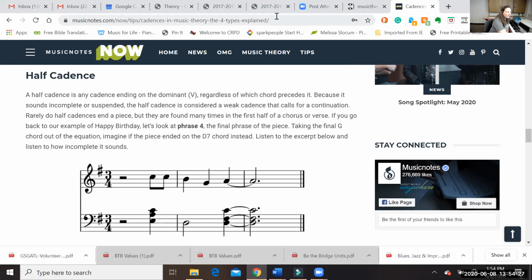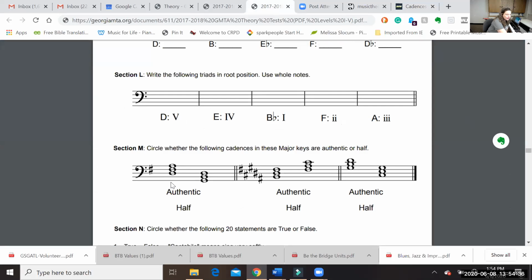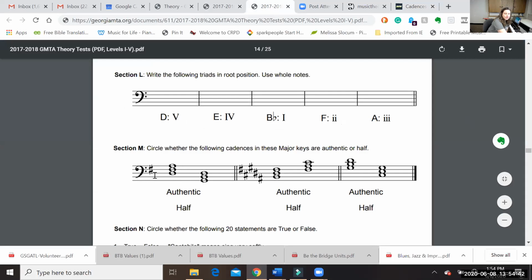Now I'm going to go back to the theory exam, and you should see that on your screen. What we have to do is figure out each key. We've got 3 different key signatures here, and we have to figure out what these chords are and label them. So I'm going to use the annotate tool here.